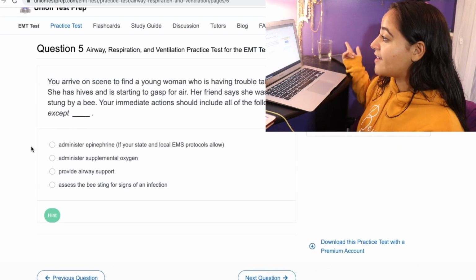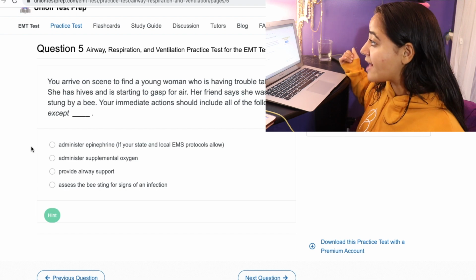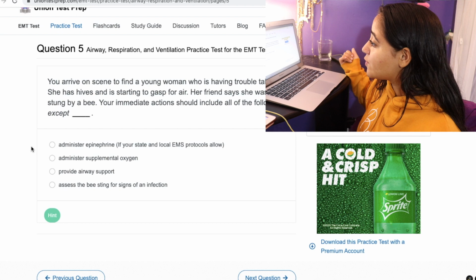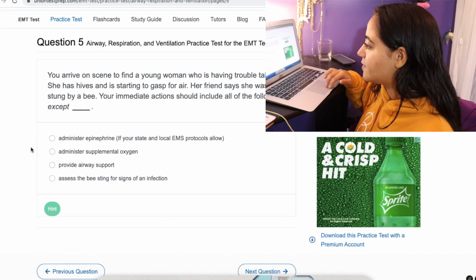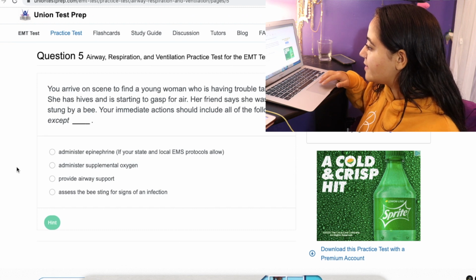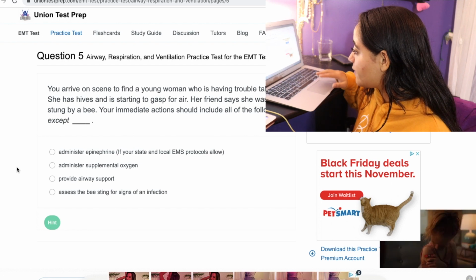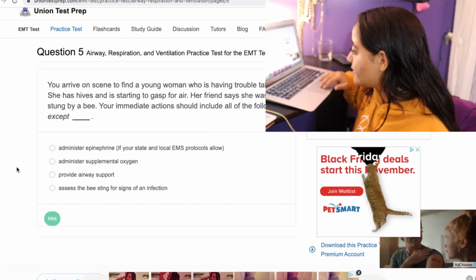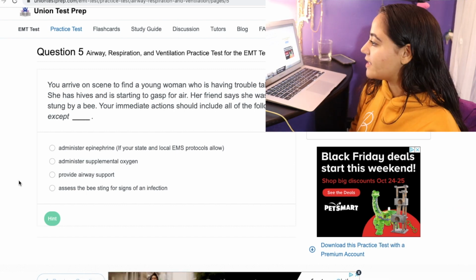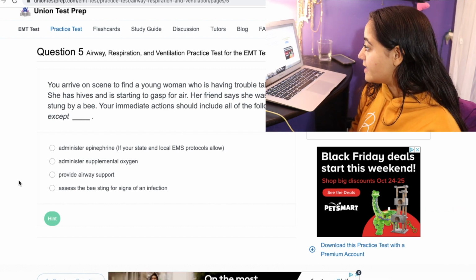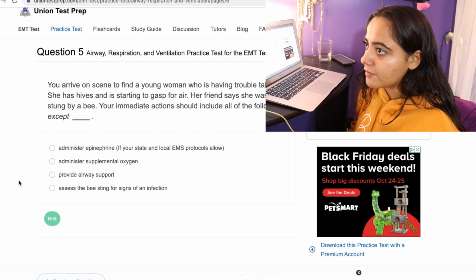You arrive on the scene to find a young woman who is having trouble talking. She has hives and is starting to gasp for air. Her friend says that she was just stung by a bee. Your immediate action should include all of the following except: administer epinephrine, administer supplemental oxygen, provide airway support, assess the bee sting for a sign of infection. It's tricky, but if she's allergic to bees, I would give epinephrine.